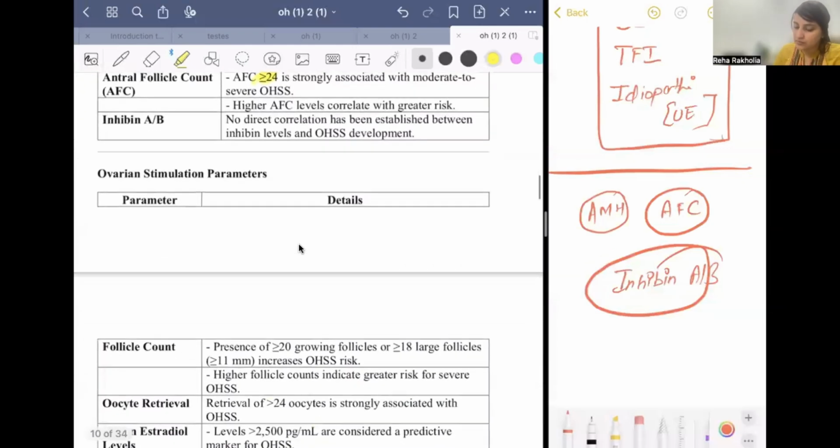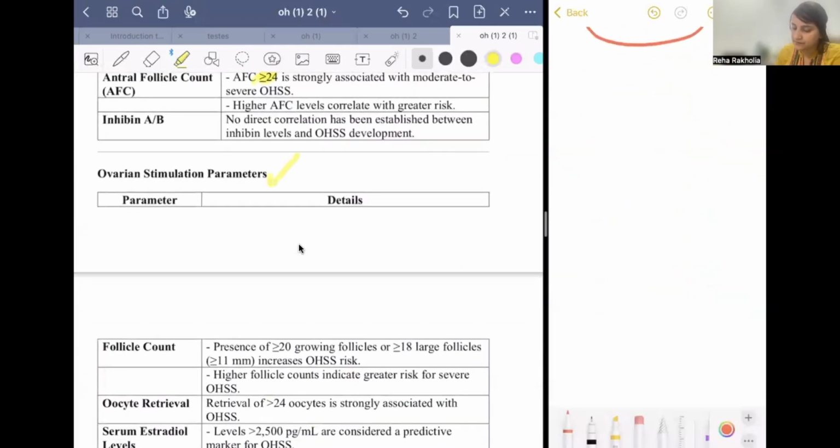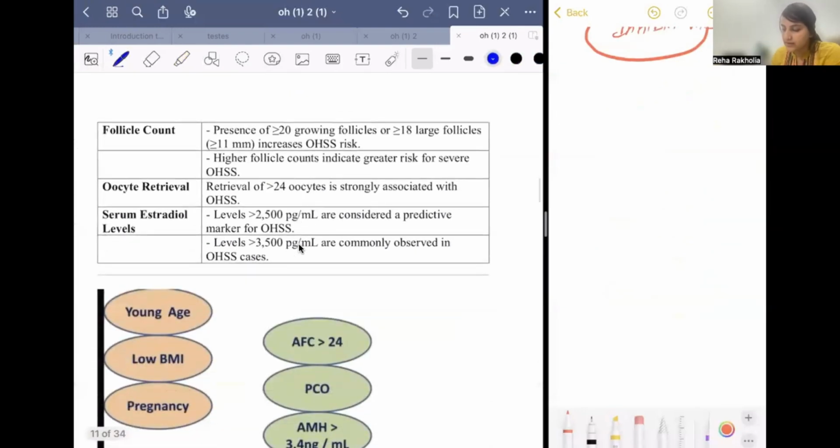Now we'll talk about ovarian stimulation parameters. Follicular count having greater than 20 growing follicles, growing follicle meaning greater than or equal to 10 millimeter, or greater than or equal to 18 large follicles, greater than or equal to 11 millimeter, increases OHSS risk.